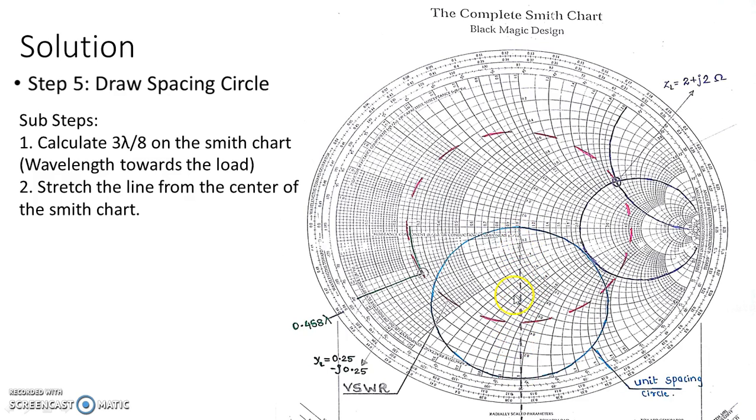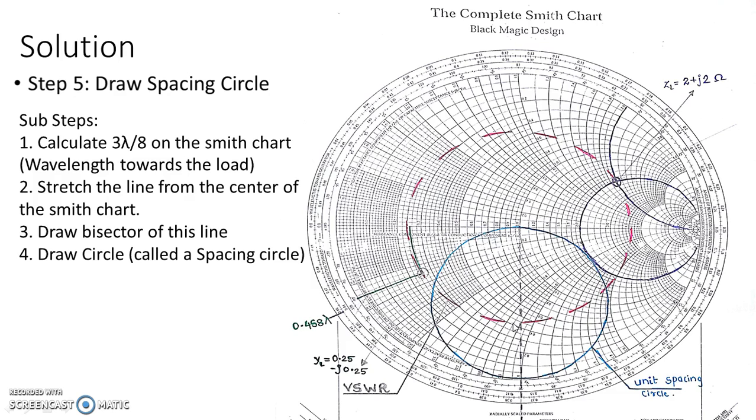Stretch a line from the center of the Smith chart, shown dotted. Then find the bisector of this dotted line, which is shown in blue. After drawing the bisector, draw the spacing circle. This blue curve shows the spacing circle.